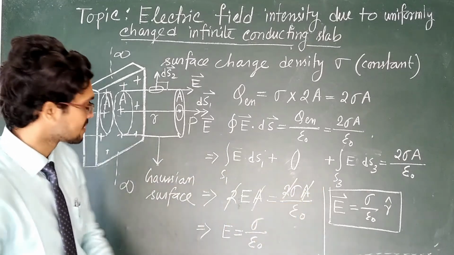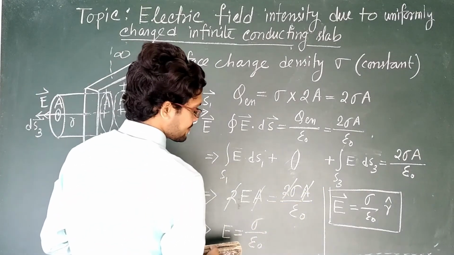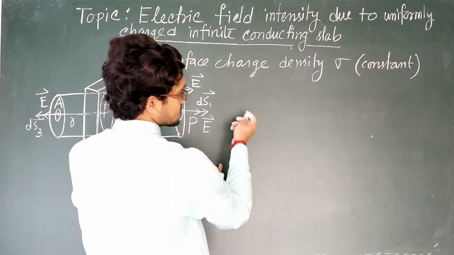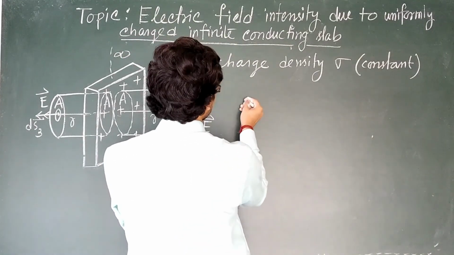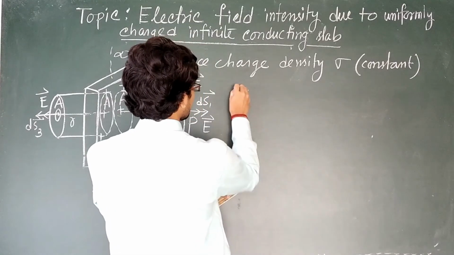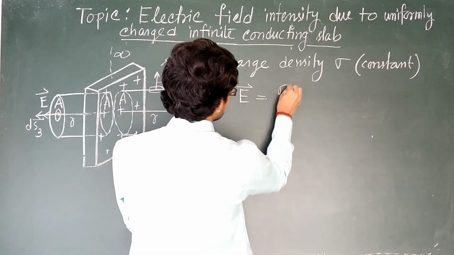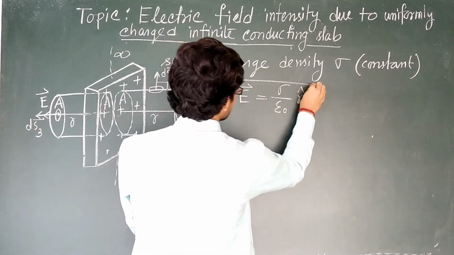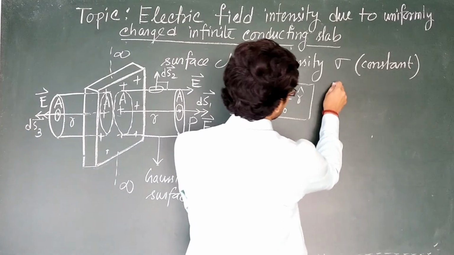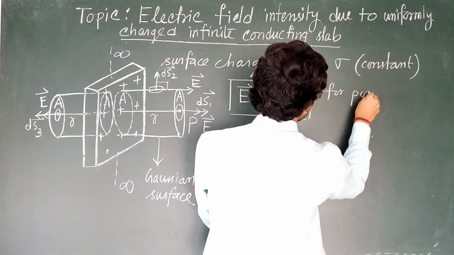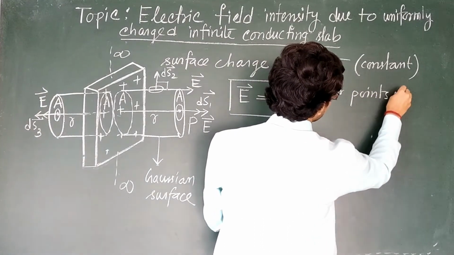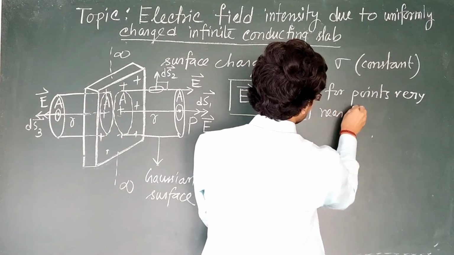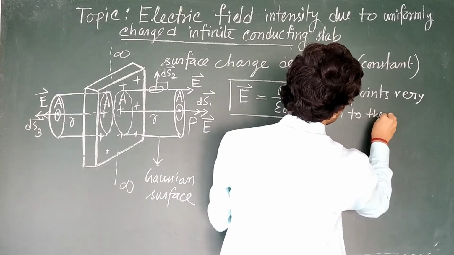So I am writing it here: E equal to sigma by epsilon 0 r cap. This is true for points very near to the slab.